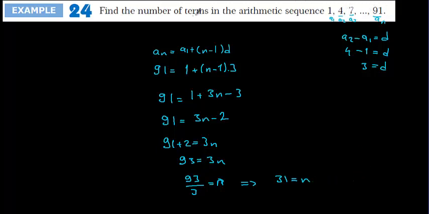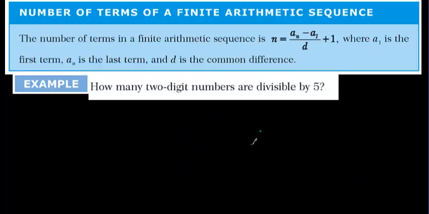So the number of terms is going to be 31. The number of terms of a finite sequence we can also find by using the formula an minus a1 over d plus 1.